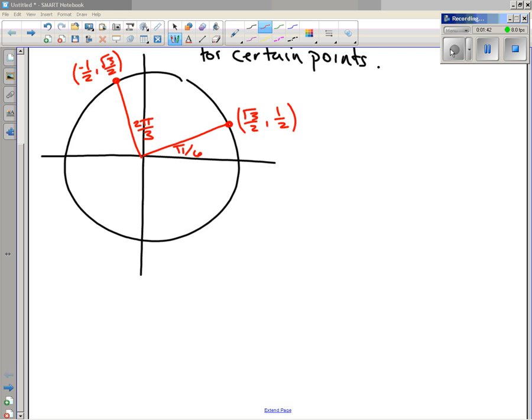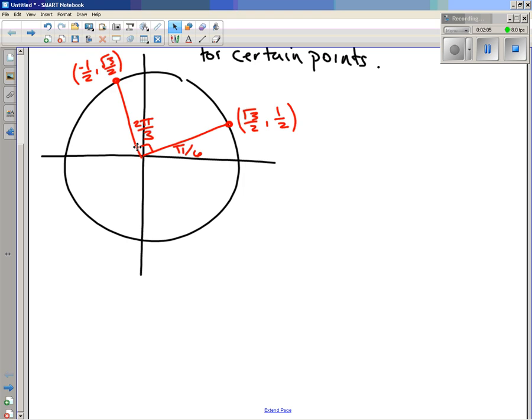Okay, so we take our coordinates for 30 degrees or pi by 6. Those coordinates are root 3 over 2 and a half. We take that, we rotate that point by 90 degrees, and that brings us up to 2 pi over 3 or 120 degrees. And those coordinates are negative 1/2 and root 3 over 2.